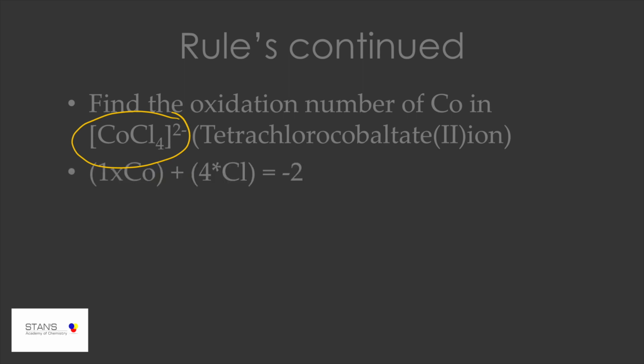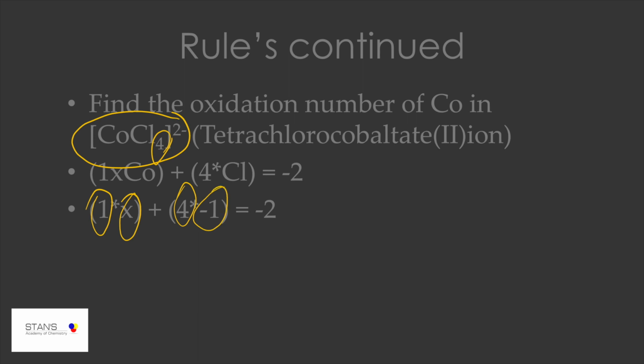We have 1 cobalt, we have 4 chlorines, so 1 times X plus 4 times -1. This 1 represents how many cobalt there are, X represents the oxidation state of cobalt, 4 represents the number of chlorine atoms, and -1 represents the oxidation number of chlorine.